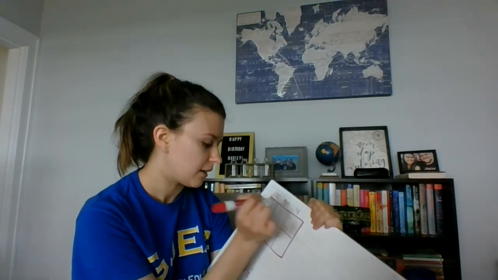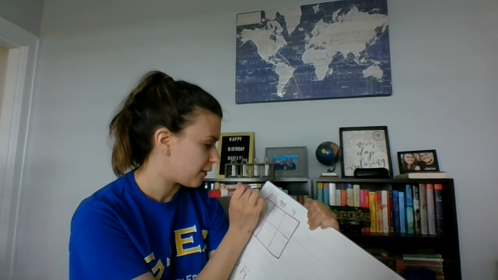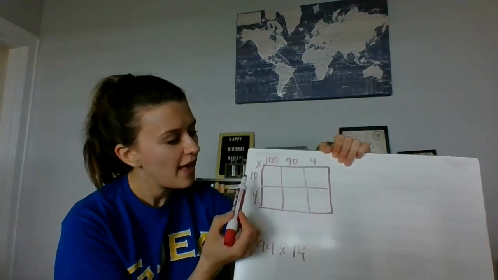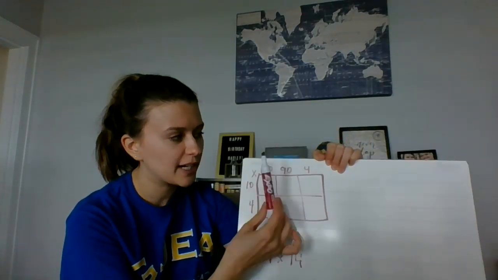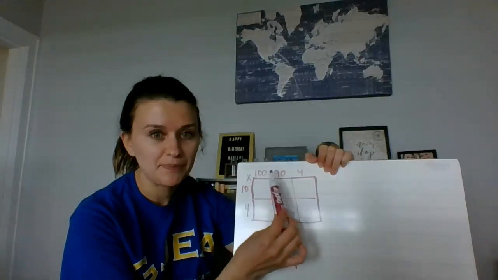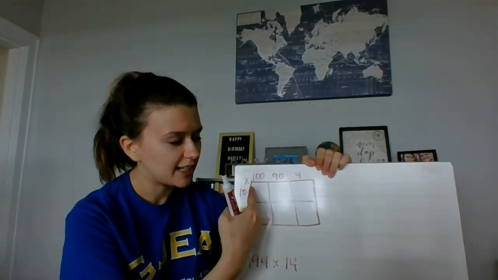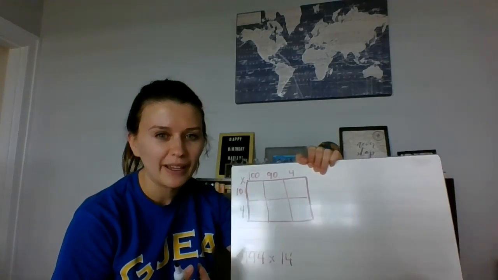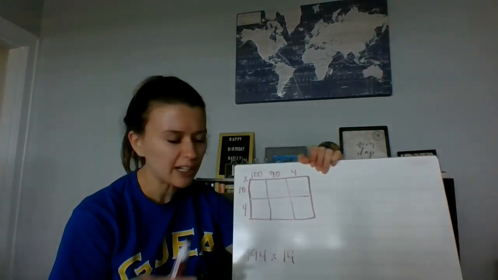So 100, 90, and 4 for 194, and 14 would break up into 10 and 4. Then you would multiply your top number by your top row of numbers. And I always go across the top row first and then the bottom row, just to help me keep track of my work.